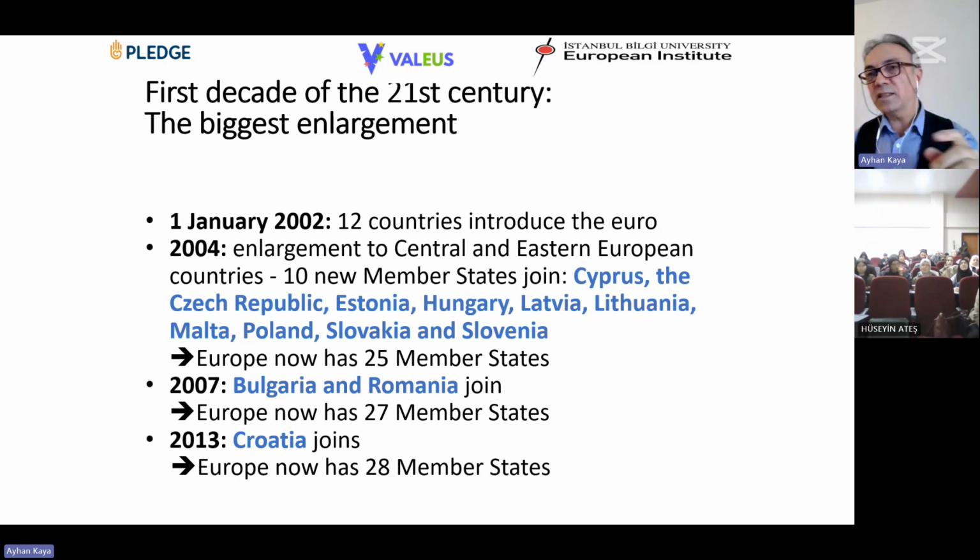But here, I think the membership of Cyprus was very polemical. If you're into the history of contemporary Turkey, you will remember that in 2004 there was the Annan Plan by the UN, United Nations, trying to make sure that North and South Cypriots would really get together in peace and become a part of the European Union together.